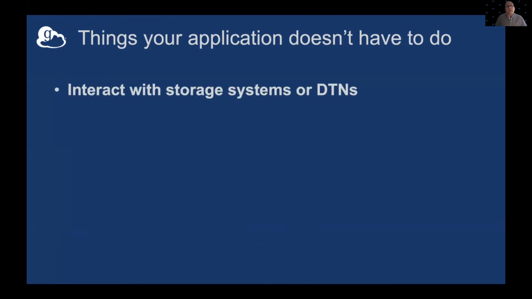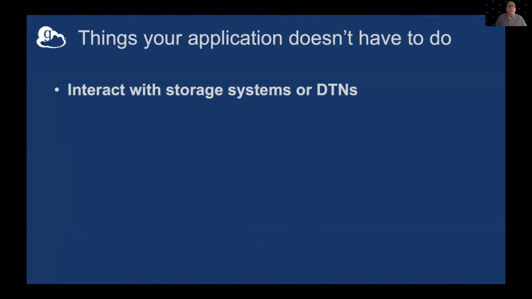I think it's important also to point out some things your application shouldn't have to do when you're using Globus. First of all, you're not going to interact directly with the storage systems or data transfer nodes. There are storage systems and data transfer nodes out there. They're already connected to Globus, and the Globus service is what's going to do the interacting with them.